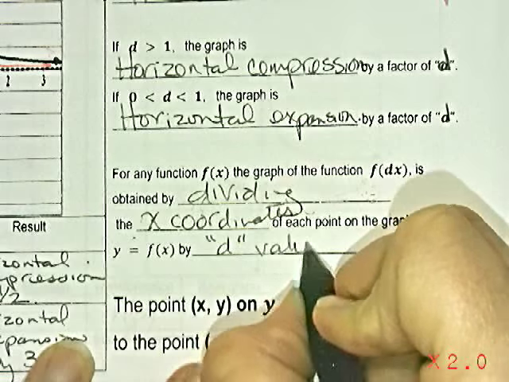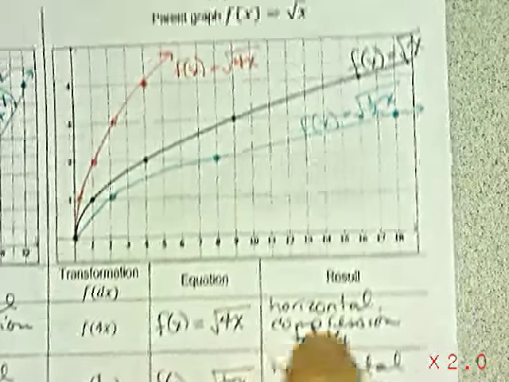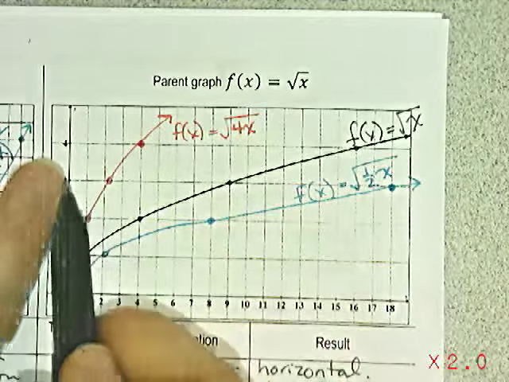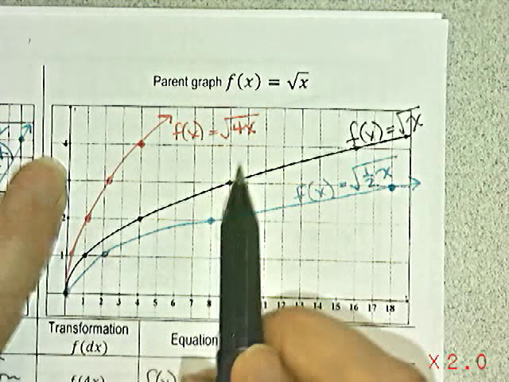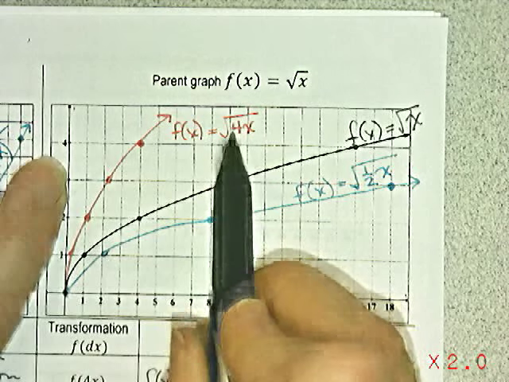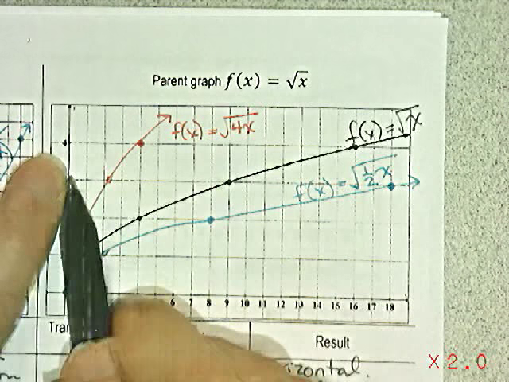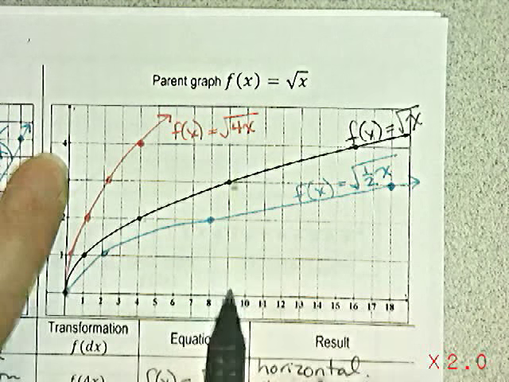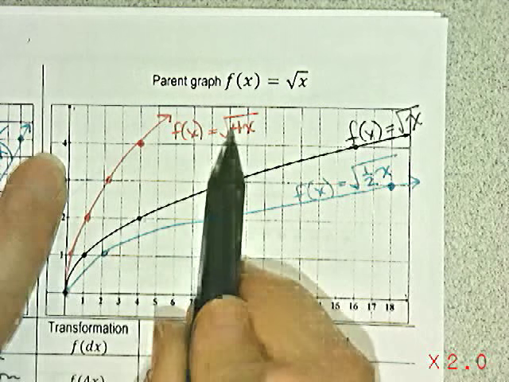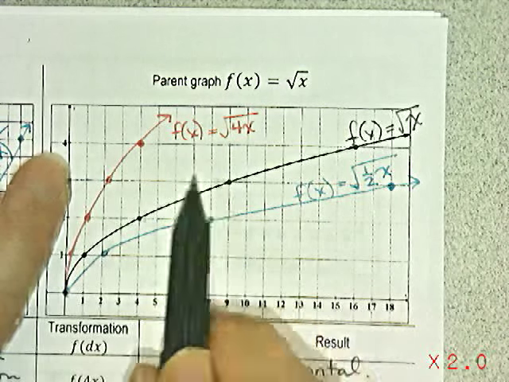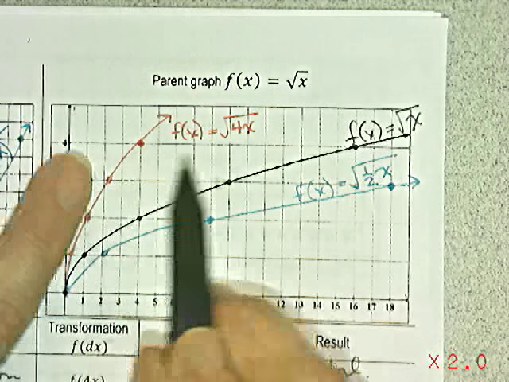What does that mean? Well, let's take a peek back up here and remind ourselves that here, when I had my f at x function, let's look at this particular point, if I had a d value of 4, I would look at that horizontal coordinate, that x coordinate, and it wouldn't be at 9, it would be 9 divided by my d value. 9 divided by 4 is 2 and a bit.